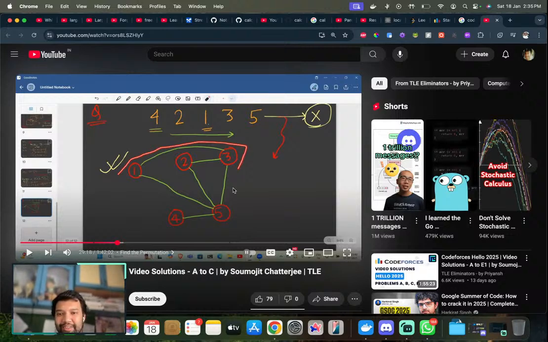Now let's see how I will solve this. 2 is connected to 3, 2 is connected to 5. So 2 comes before 3 and 5, and 1 comes before.